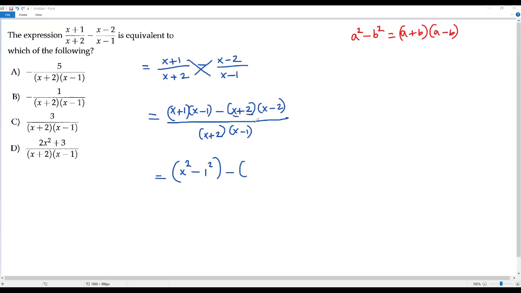Instead of a we have x, and instead of b we have 2, so a² − b² means x² − 2².